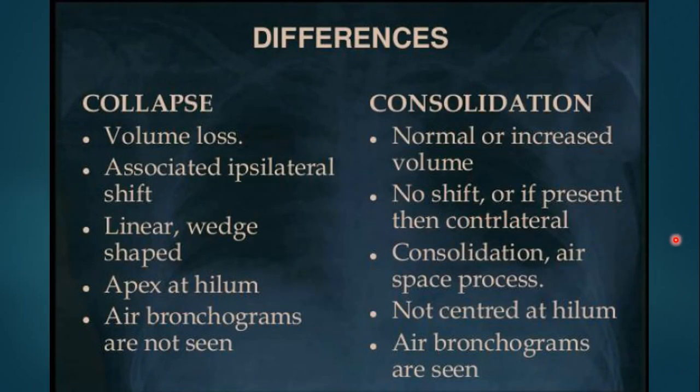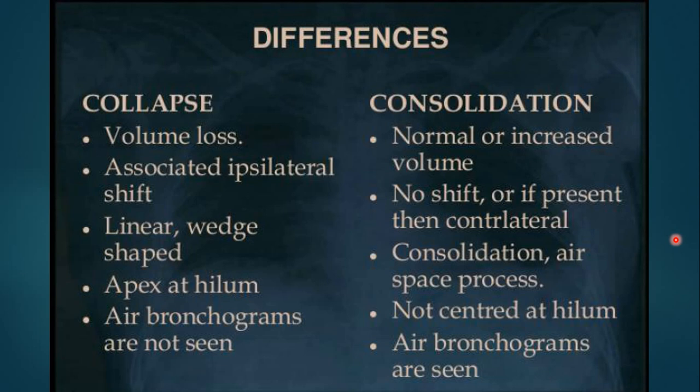Now, the last thing we will discuss today is the differences between collapse and consolidation. In collapse, there is volume loss, while in consolidation, there is normal or increased volume, as we said. Increased volume indicates Klebsiella pneumonia or some other less common etiologies. In collapse, there will be associated ipsilateral shift of the mediastinal structures, while there is no shift in consolidation.